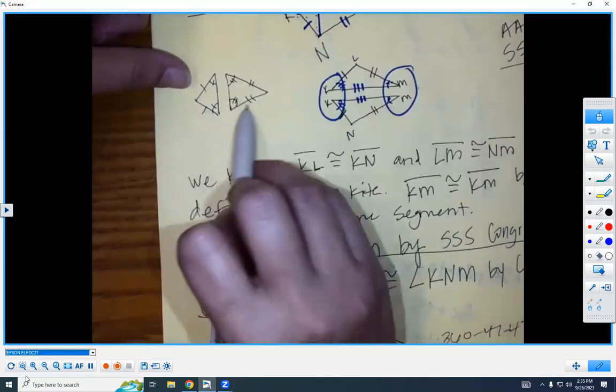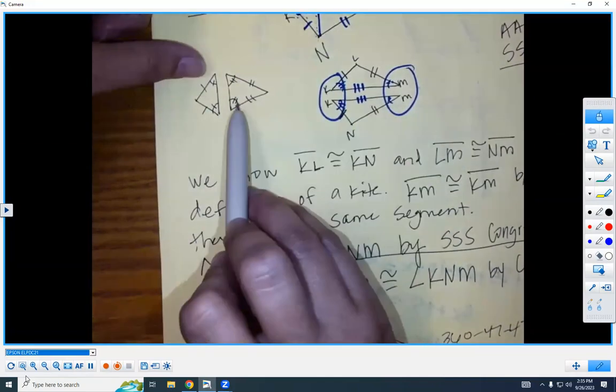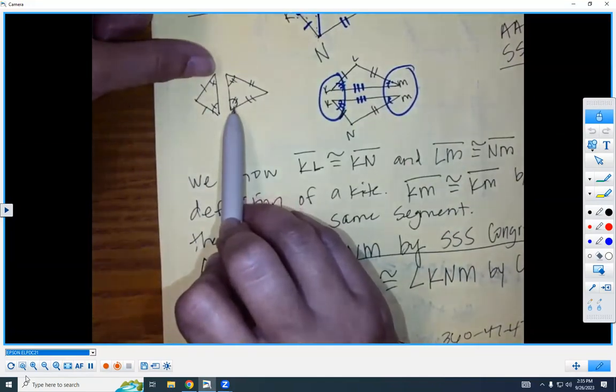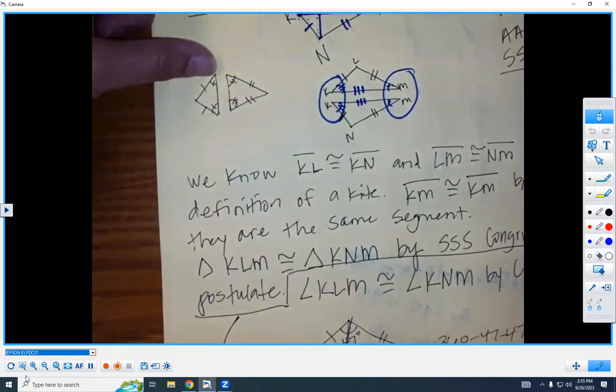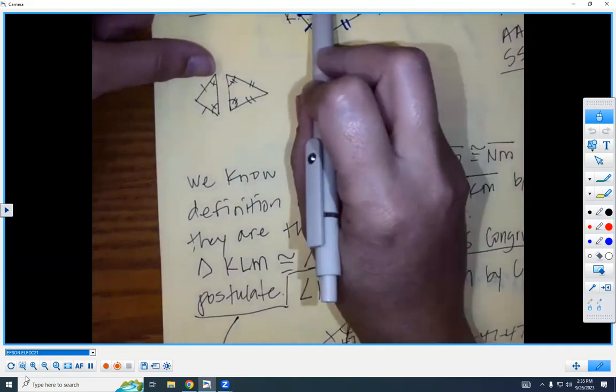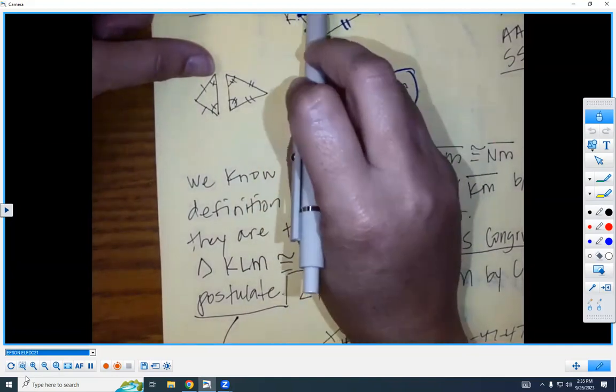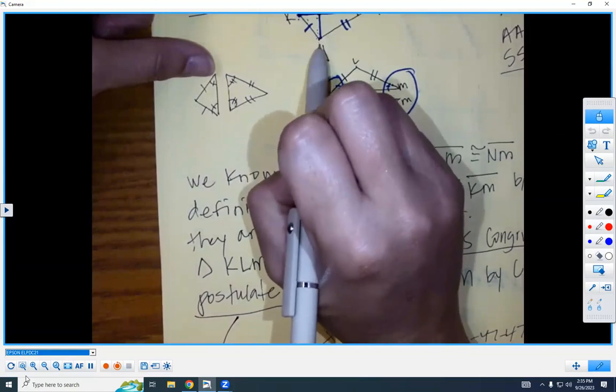So this was the first thing you said: these are isosceles triangles, correct? Yeah. What was the second thing? Well, we already determined that those lines, KM and LN, bisected the angles LKN and LMN. Is that what you're saying? Right.